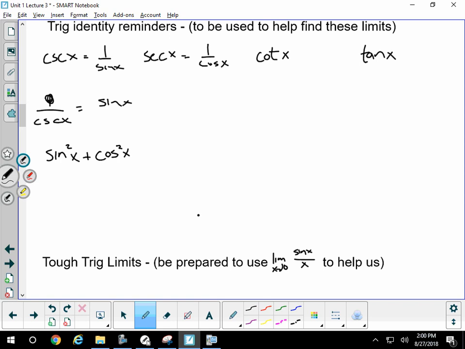Or if you have secant over cosecant, it'd be sine over cosine. Just flip the location and change it to its reciprocal. Cotangent is the reciprocal of tangent. It's 1 over tangent. However, knowing that tangent is sine over cosine, we can write cotangent as cosine over sine.